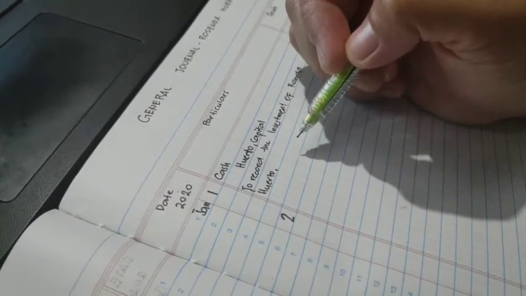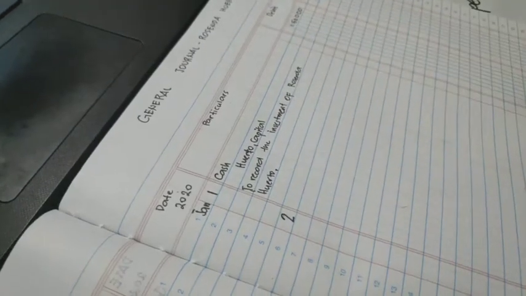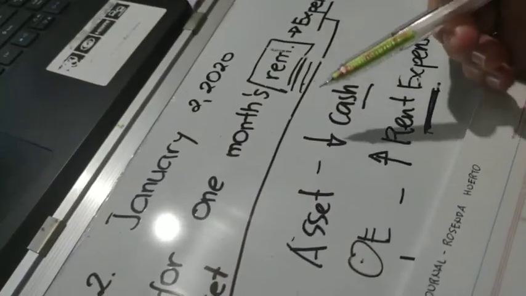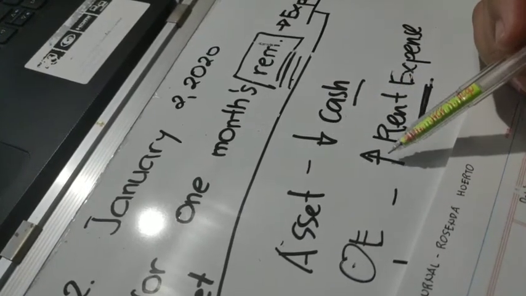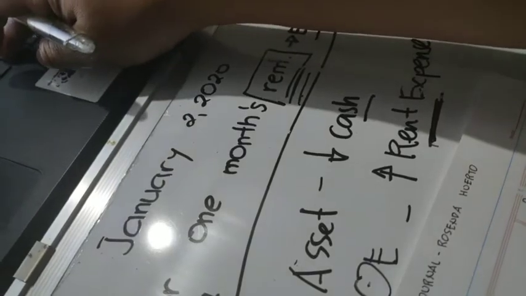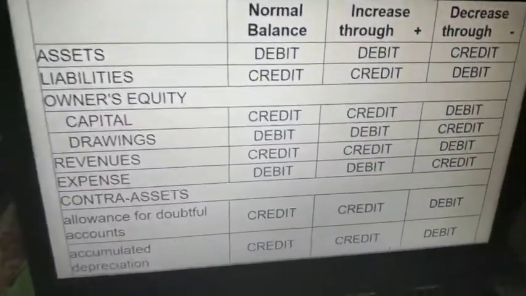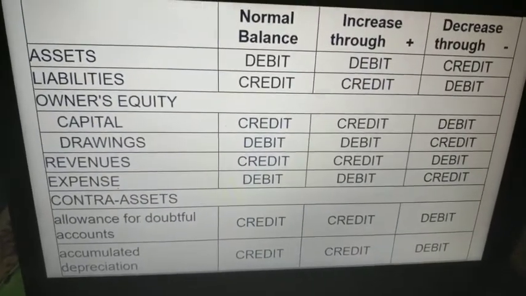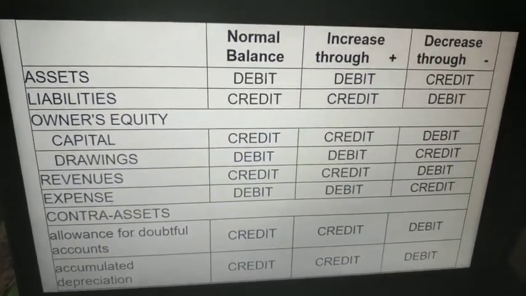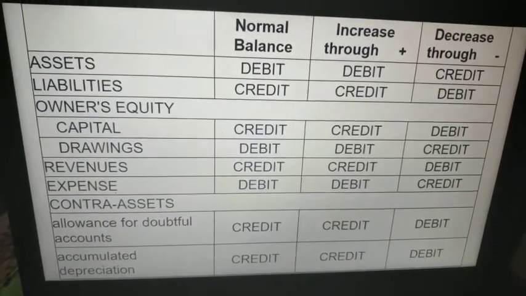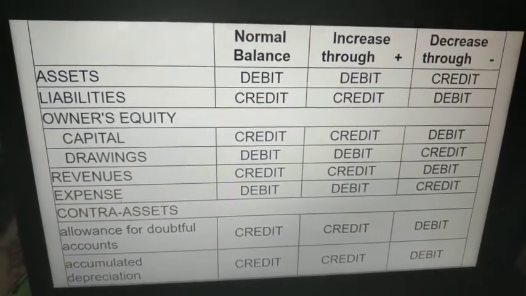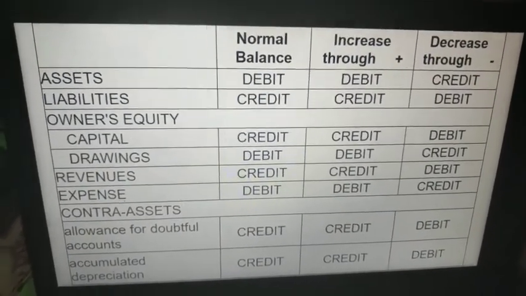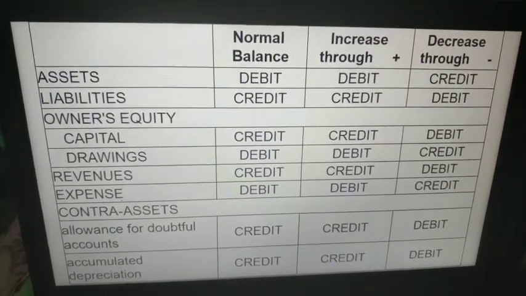Now, for this transaction, as we analyzed earlier, it affects your cash and it affects your rent expense. It decreases your cash and it increases your rent expense. So we will go back to the normal balances of each of the accounts. Just as the accounting equation is important, the table of normal balances of the accounts is equally important. The accounting equation helps you understand or analyze the transaction.